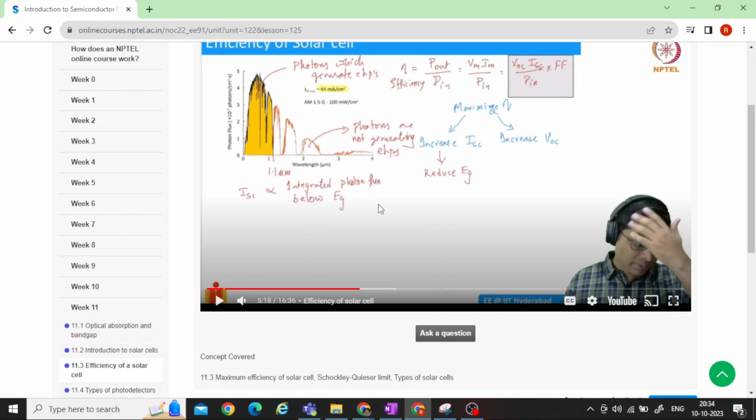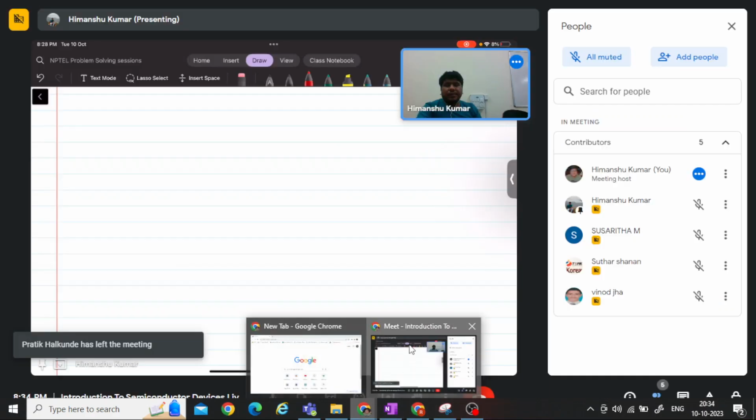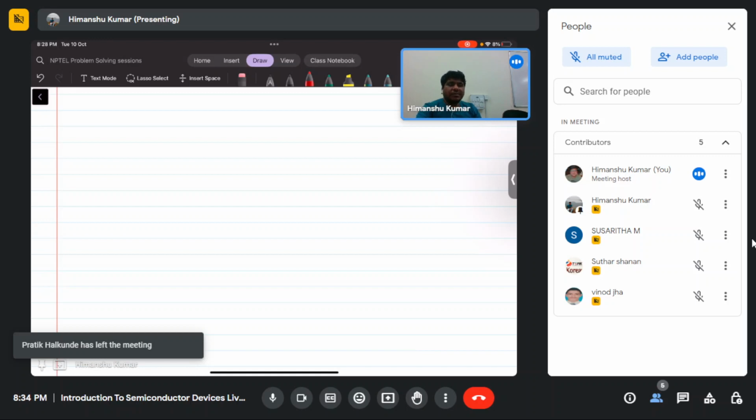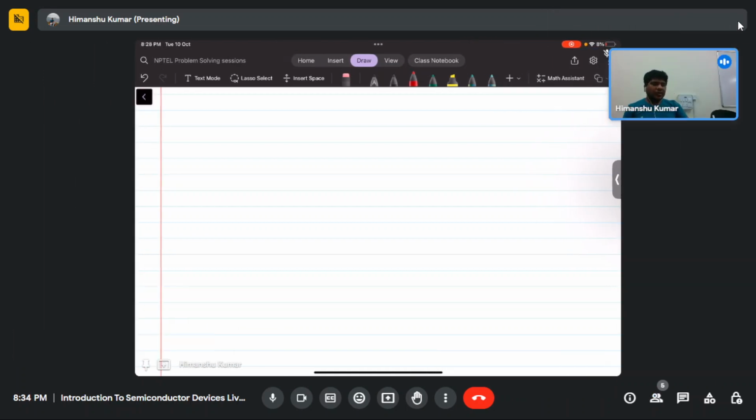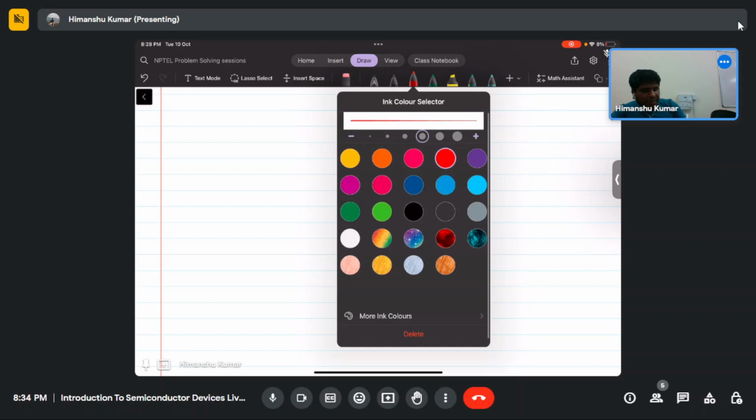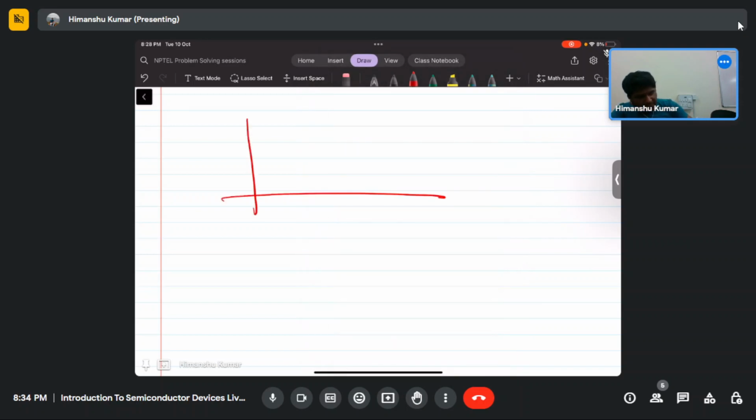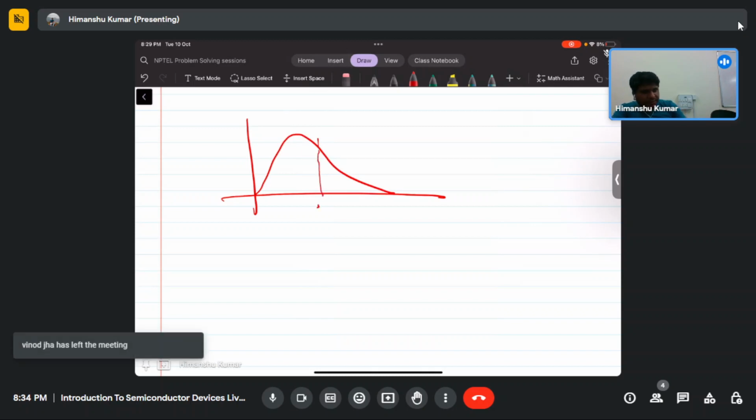So basically, suppose silicon has a 1.1 electron volt band gap. This 1.1 corresponds to this point here. On this side the wavelength increases and the energy band gap decreases.